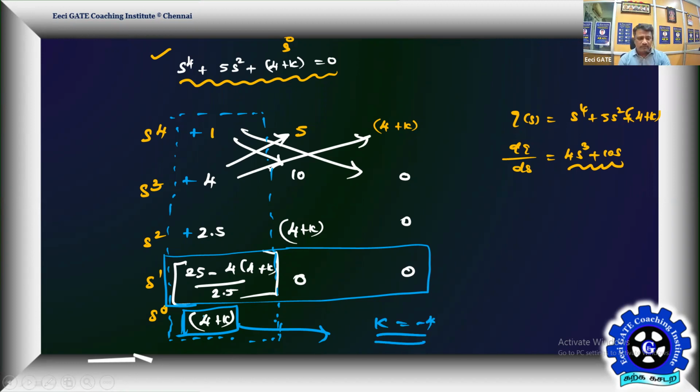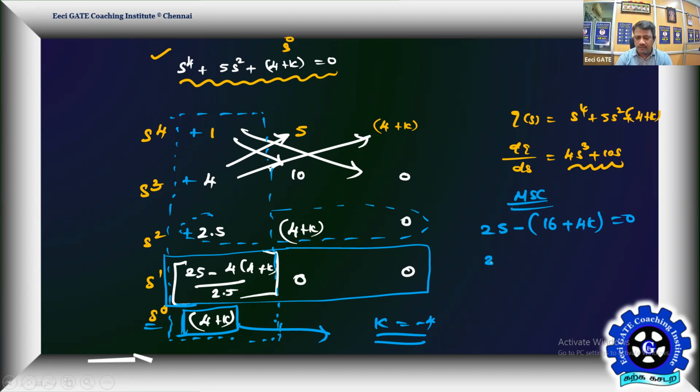We have to check it because here we have the s power 0 row. So when this row is 0, definitely this is going to say the system is again marginally stable. So therefore, you need to force this to 0. So that is nothing but 25 minus 4 into 4 plus k. So expand it. 25 minus 4 into 4, that is 16, 4 into k, so plus 4k equal to 0 will be the marginally stable condition.